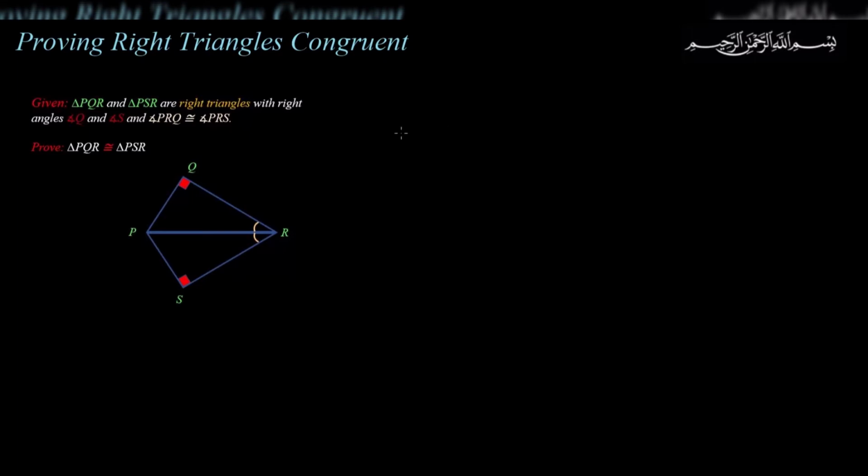So in general, again, you can use side, angle, side, angle, and angle, side, and then the new theorem that we've currently learned, that is hypotenuse leg. This is what we have at our disposal to prove any triangles congruent, including right triangles.